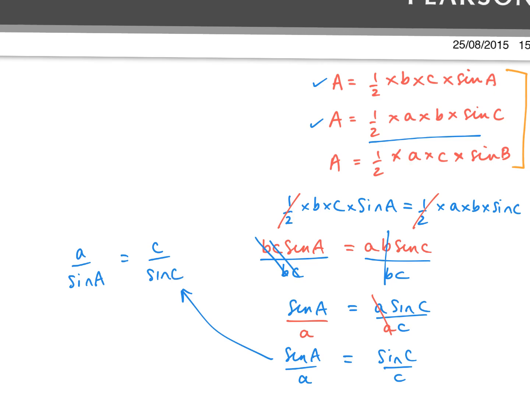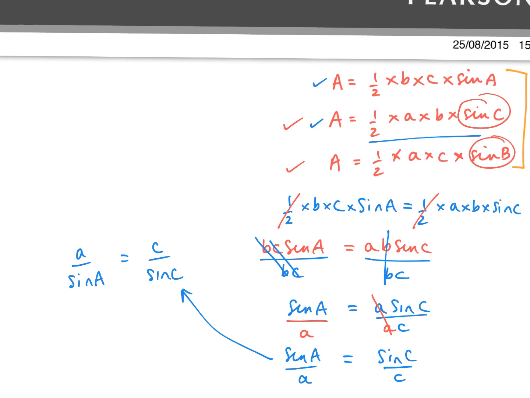So what you can do is try and put these two equal to each other, and you will get B over sine B is C over sine C. Why? Because you've only used these two angles here.